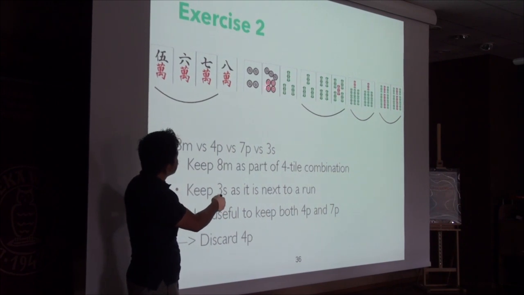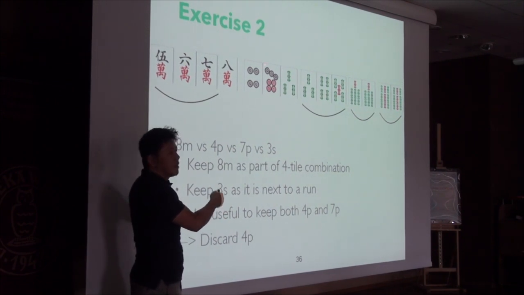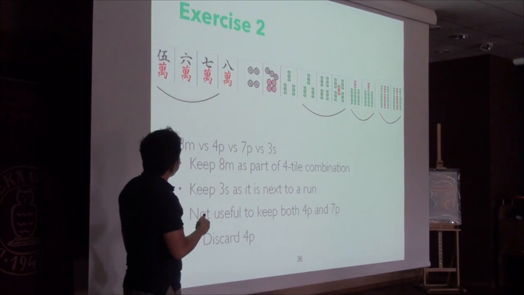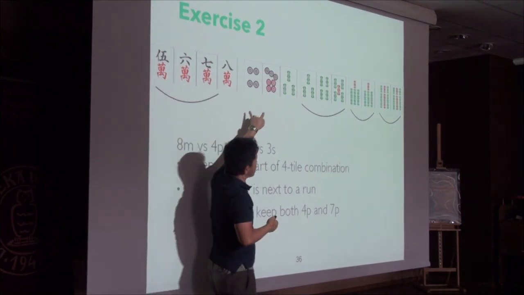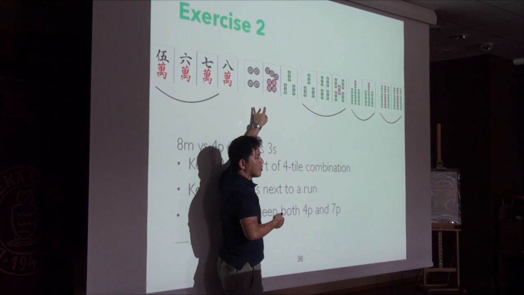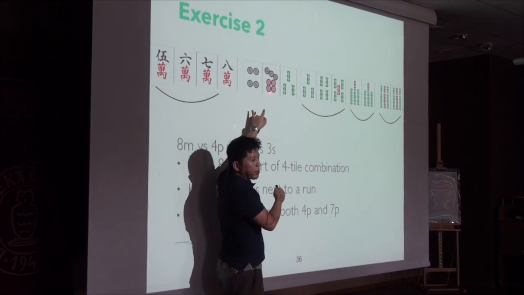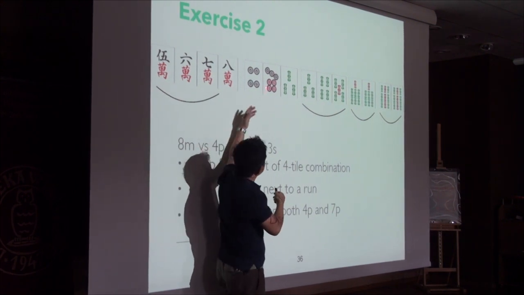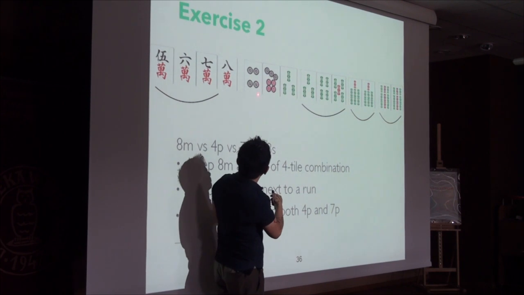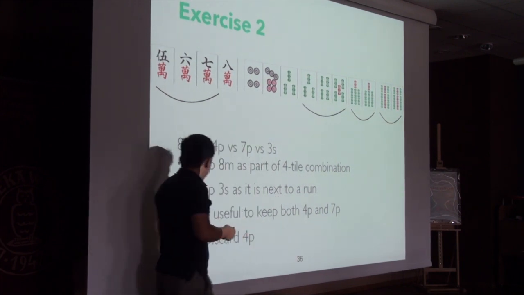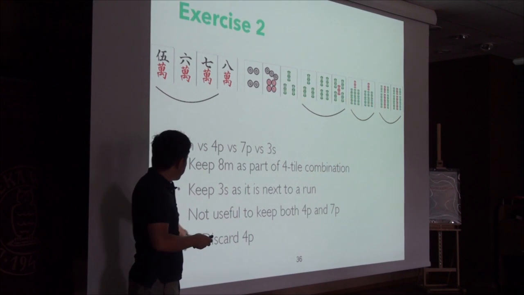The real choice is between 4 and 7, right? And as it happens, they constitute suji tiles, right? So it's less useful, right, than an isolated 4, for example, right? So I would say discard 4.